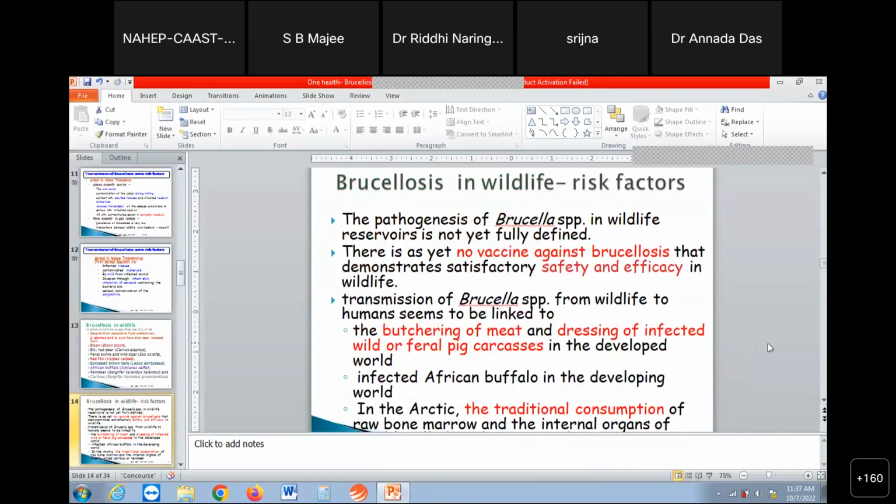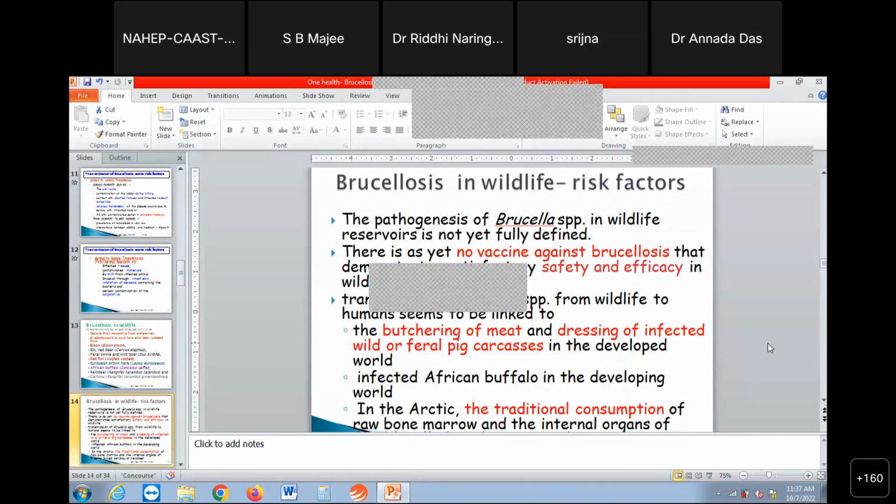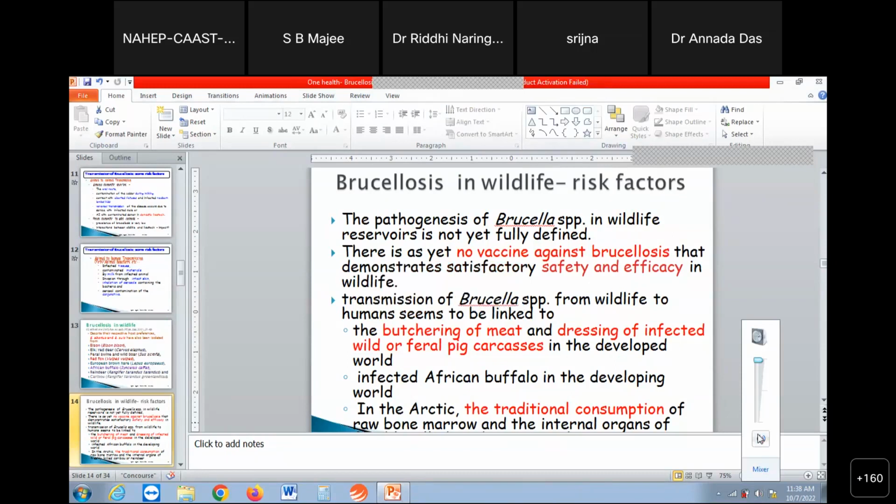So what are these risk factors? The pathogenesis of Brucella species in wildlife reservoirs, I told you, is not fully defined. We still do not know much about how the organism remains within these wildlife species, because they do not show much of any symptoms, neither do they show any overt disease.